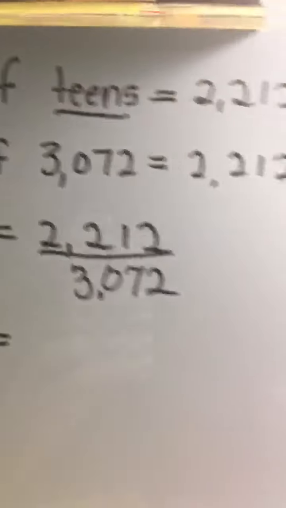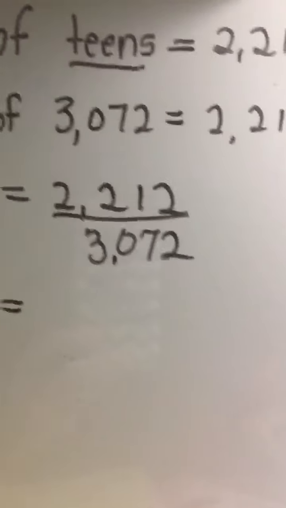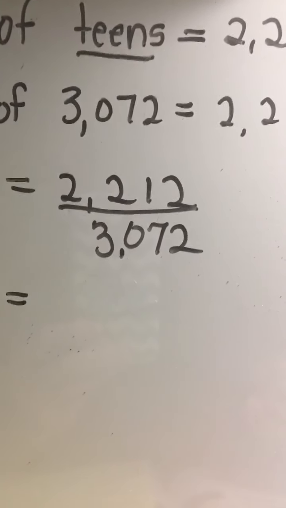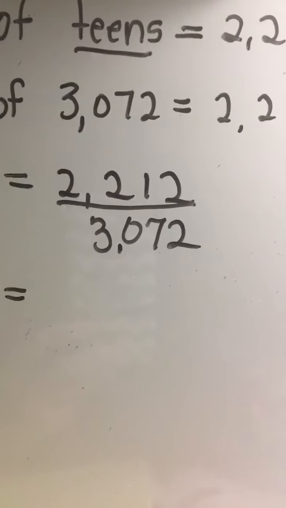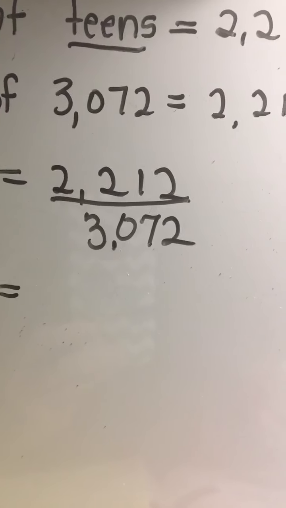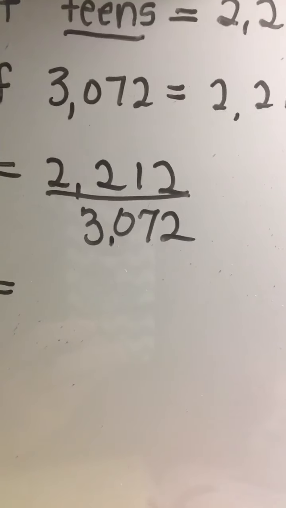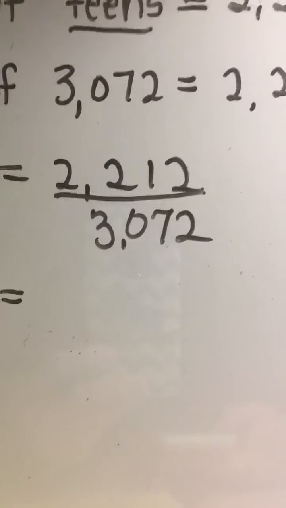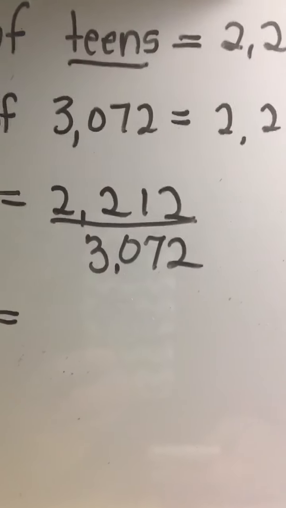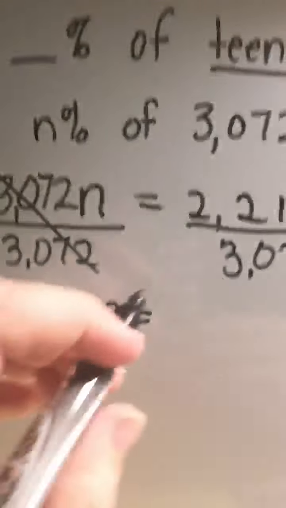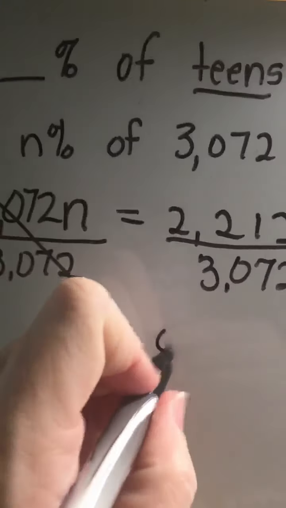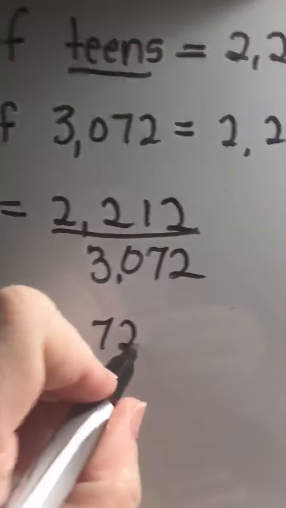But on this side, we said you should use your calculator. 2,212 divided by 3,072, and you come up with 0.720052. All right, so let's put that down.